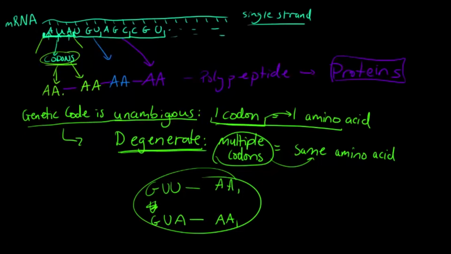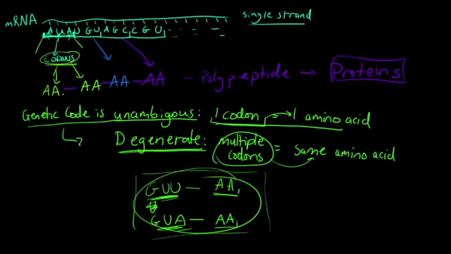There's a wonderful table that has all the possible amino acids and codon combinations, but you don't need to memorize it, and this example is probably not even true. Whether these two codons, GUU and GUA, code for the same amino acid, I don't know, but it's not important, it's just for the example. If there are any problems on a test to do with figuring out what something would translate into, you would just be given the genetic code.